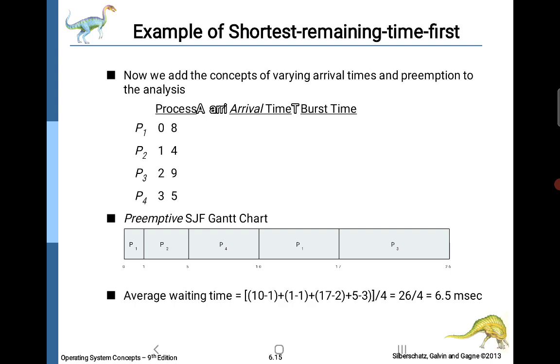It immediately entered the CPU. P3 waited until all finished execution. For P4, it waited until P2 finished execution. P2 arrived at time 1 and took 4, so P4 waited for 1 time unit.